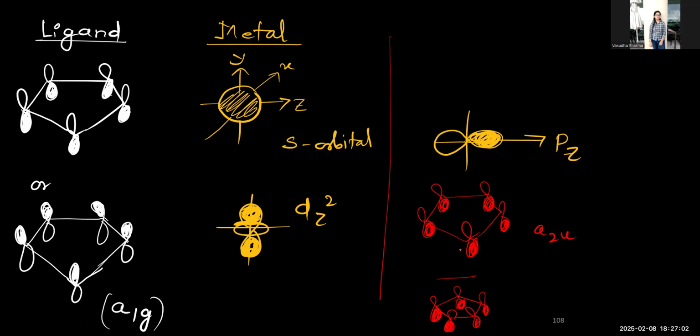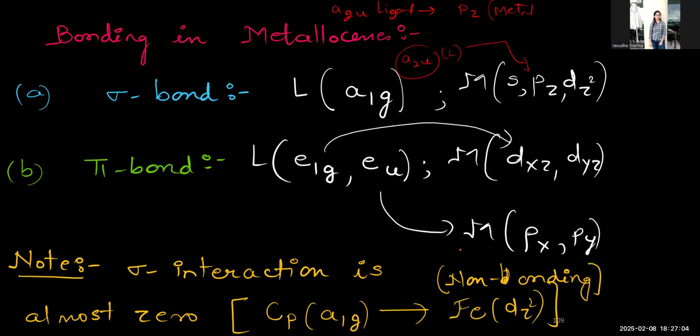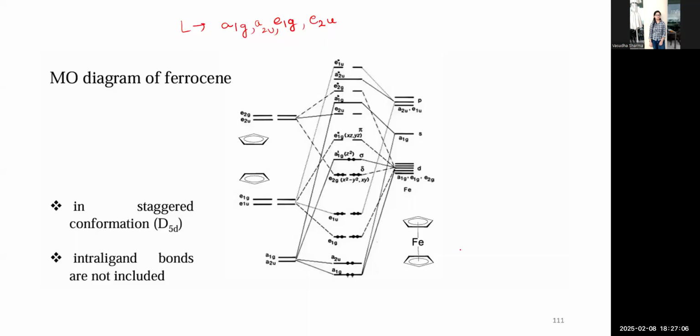So these both are your A2U which bonds with PZ. So that's where we have A1G which makes a sigma bond, A2U also, but with the PZ, these two make a pi bond.